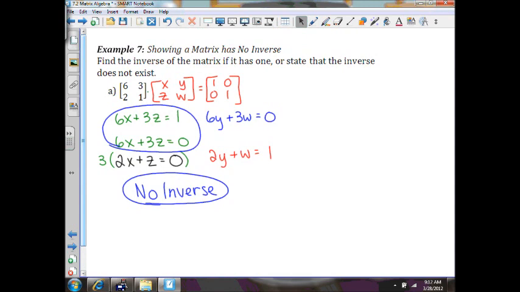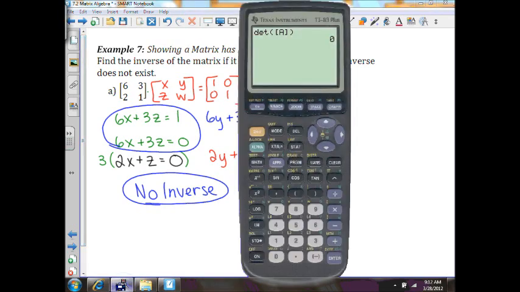Now, example 7b, we have 1, 2, negative 1, 2, negative 1, 3, and 3, 1, 2. I do realize it's not on the smartboard lesson here, but we can still put it in. So enter the matrix. It is a 3 by 3 matrix.